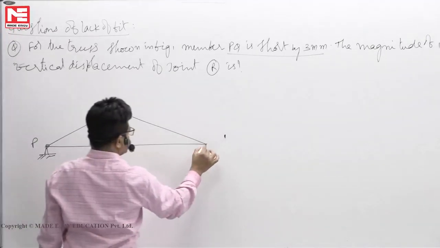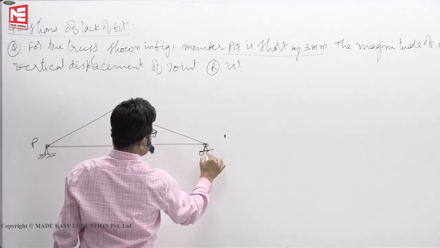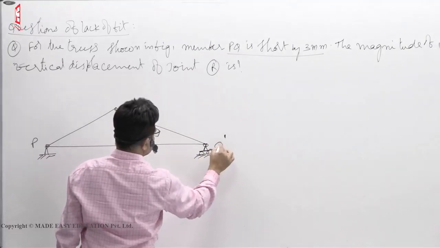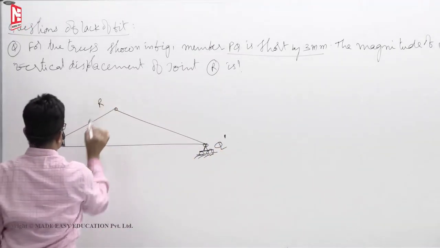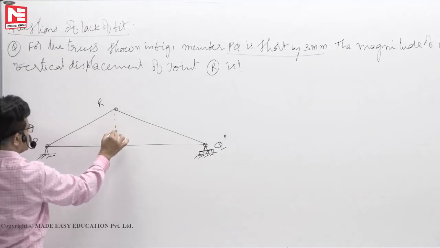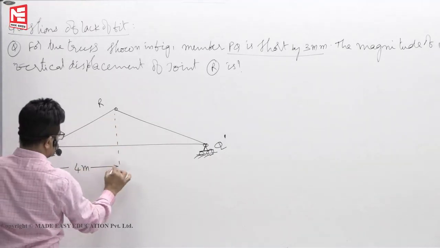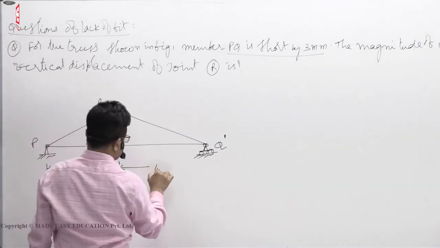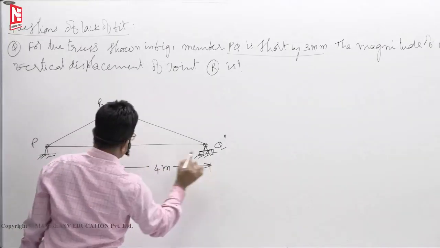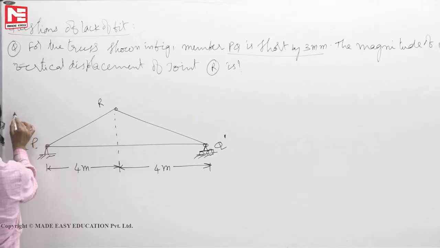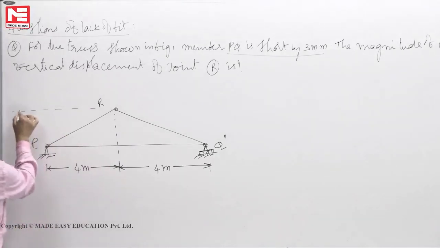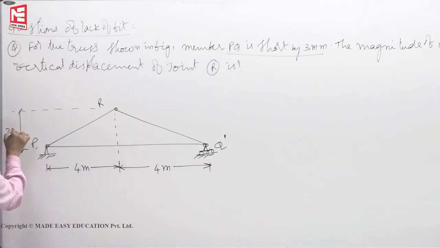P, Q, this is R. This distance is 4 meters. This distance is also 4 meters. And this is 3 meters.